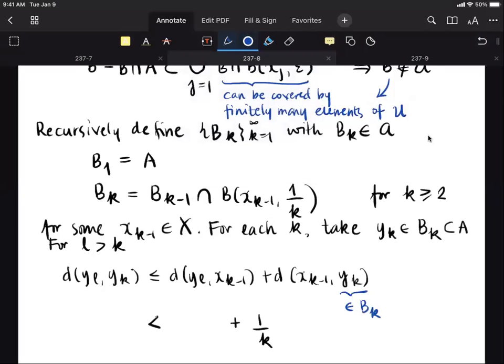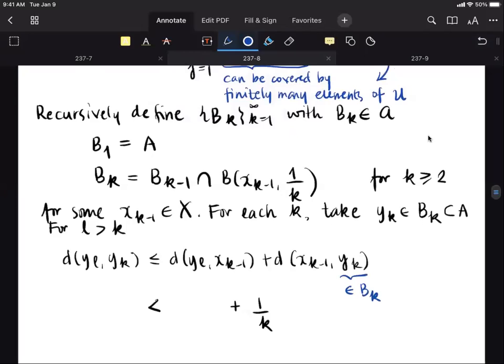On the other hand, you know that y_l is in B_l. If l is larger than k, then this is also a subset of B sub k, since our construction implies that this one is contained in B_{k-1}.